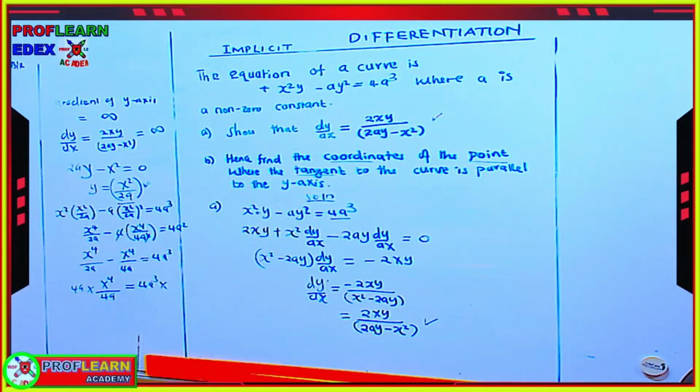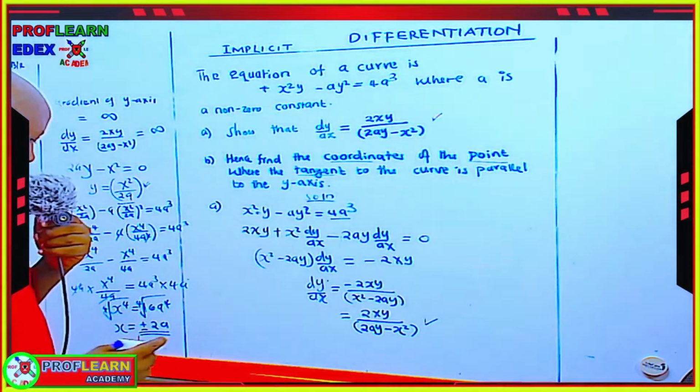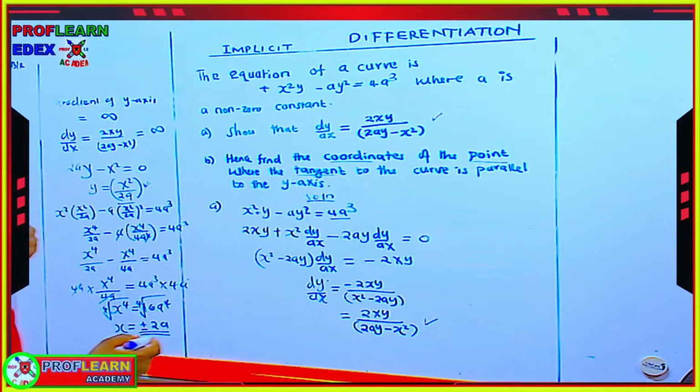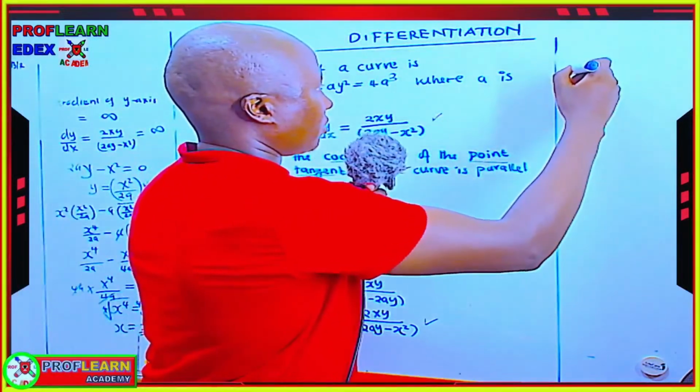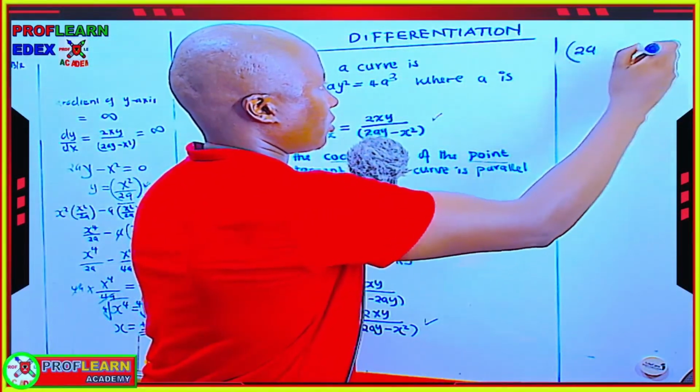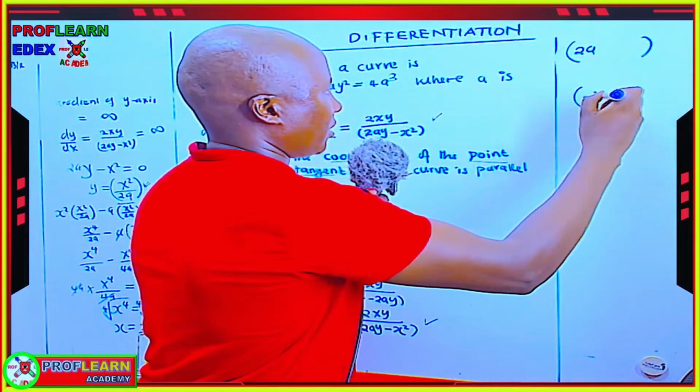So multiply by 4a, this will cancel out, x raised to the power 4, find the fourth root here. So with these values of x, the first coordinate is when x is 2a, and the second is when x is a.